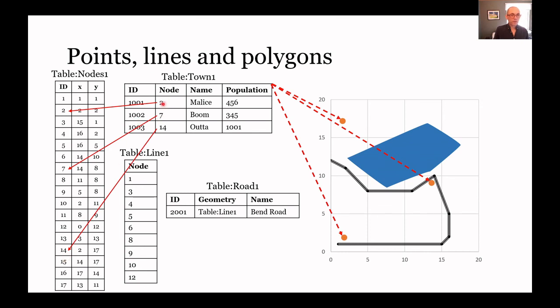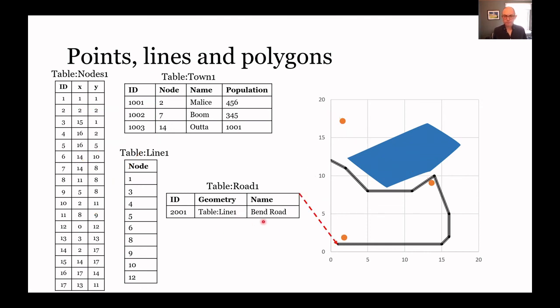We're using this ID number here, or rather this number stored under node, and we're looking in the ID column. We're saying, well, if you go to this node table and look for this number in the ID column, that's the coordinate for this point. Trivial perhaps, but actually quite important, and we'll get back to this relationship in a minute.